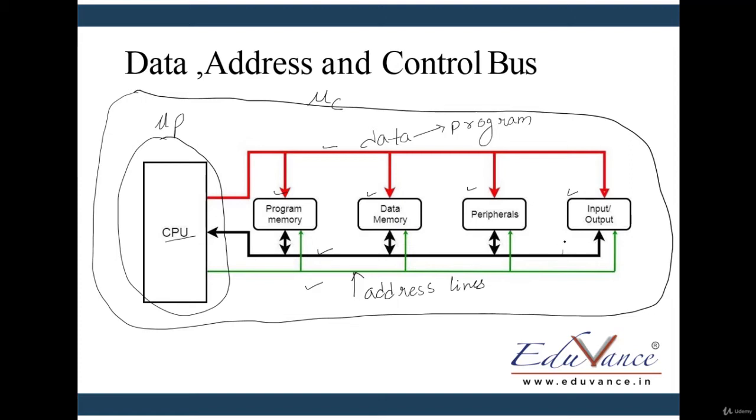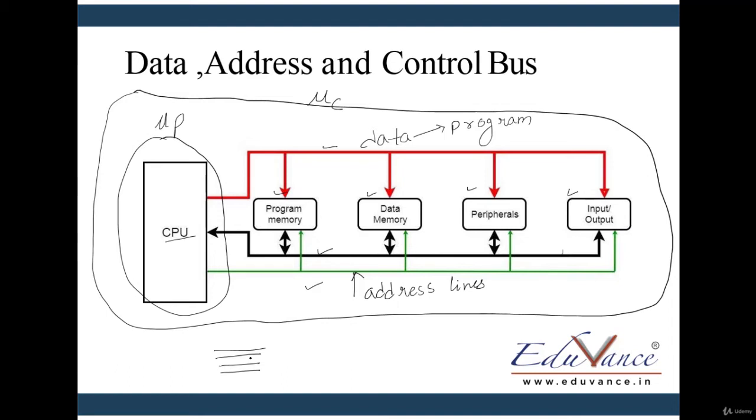It is called bus because you have multiple electrical lines. Depending upon the microcontroller or microprocessor, you will have a data bus where you carry the data. Then you will have an address bus or address lines which will control where the data has to be accessed. Then we will have control lines that will control whether you want to read from or write to program memory, or select any of these memories.